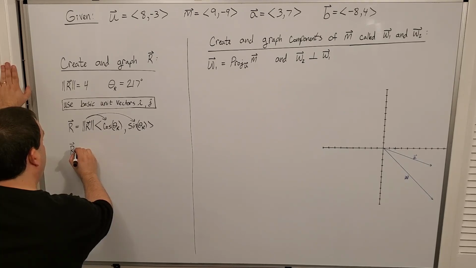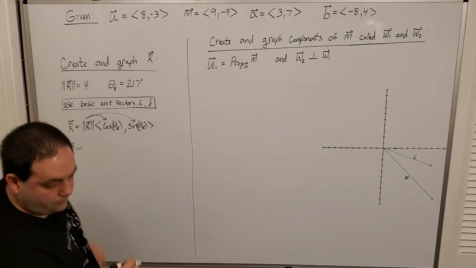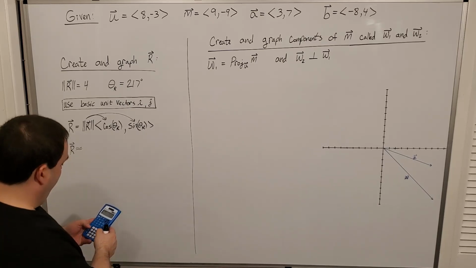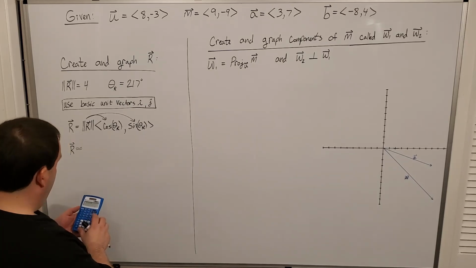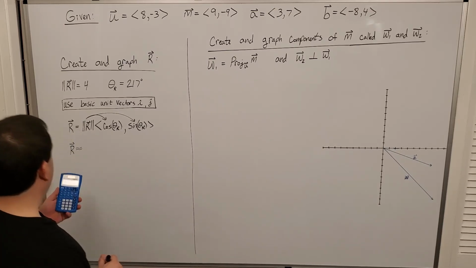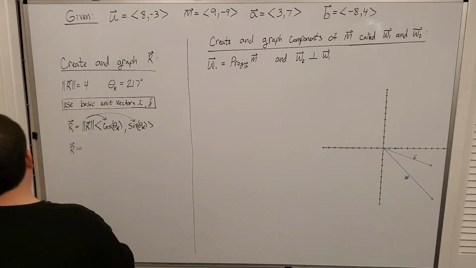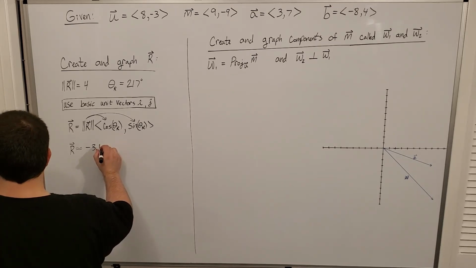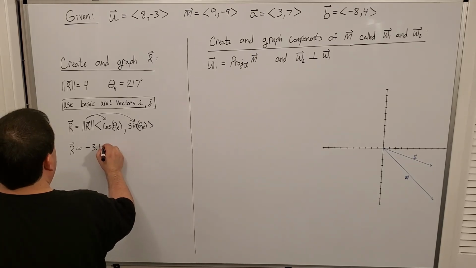So then r is approximately, I'm going to have 4 cosine 217 degrees, which is negative 3.19i. Let's do that.